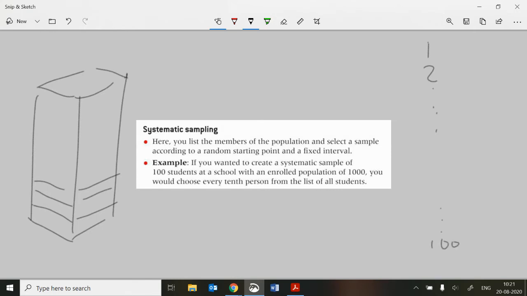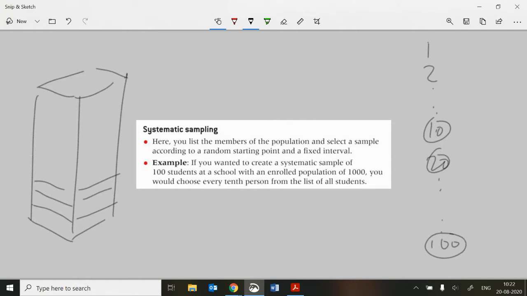Say you choose the 10th, the 20th, the 30th, and so on until we get down to the 100th. So let's choose every 10th flat.